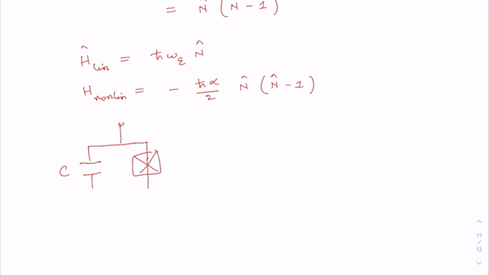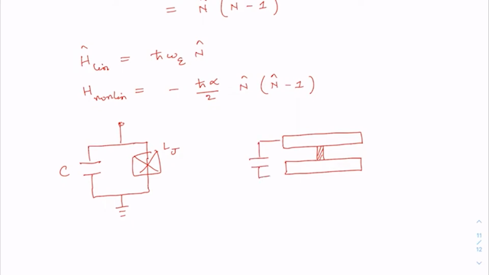Okay, and this has an inductance, say Lj. So this is the circuit diagram, as we all know. Or another form is that we have basically two metal pads separated, and this is connected by this nonlinear inductor here, and this is the capacitance between these two metal pads.